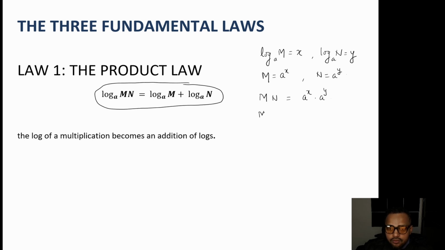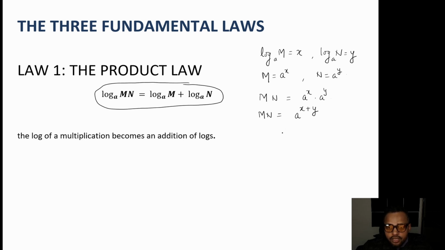So mn will be equal to a raised to the power. We have already learned the laws of indices in our junior classes. We know that if the bases are the same and the powers are different, the powers get added. So it will be a raised to the power x plus y.